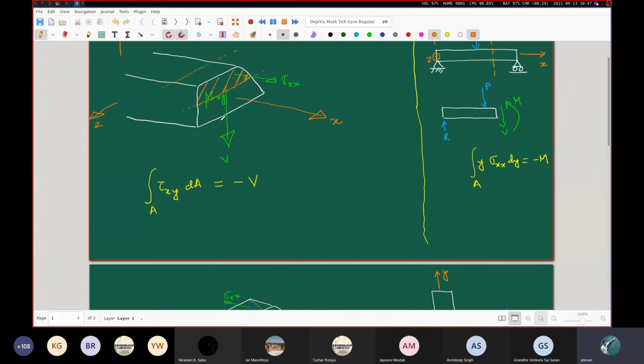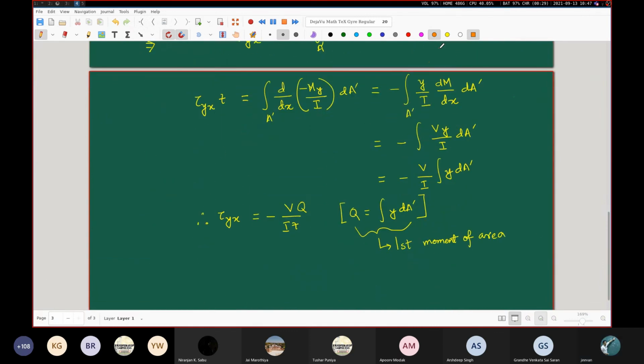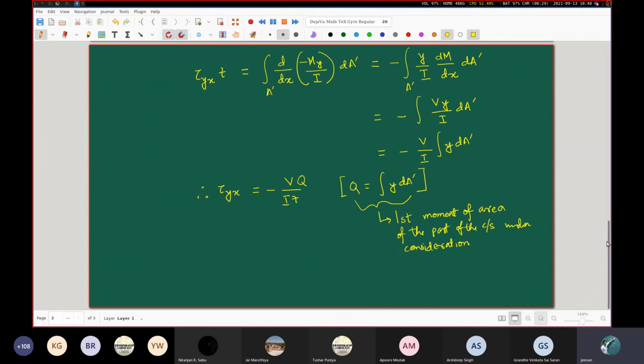It is not for the entire cross section. First moment of area of the part of the cross section under consideration. This is extremely important. In calculations, this is where people can make a severe conceptual mistake.